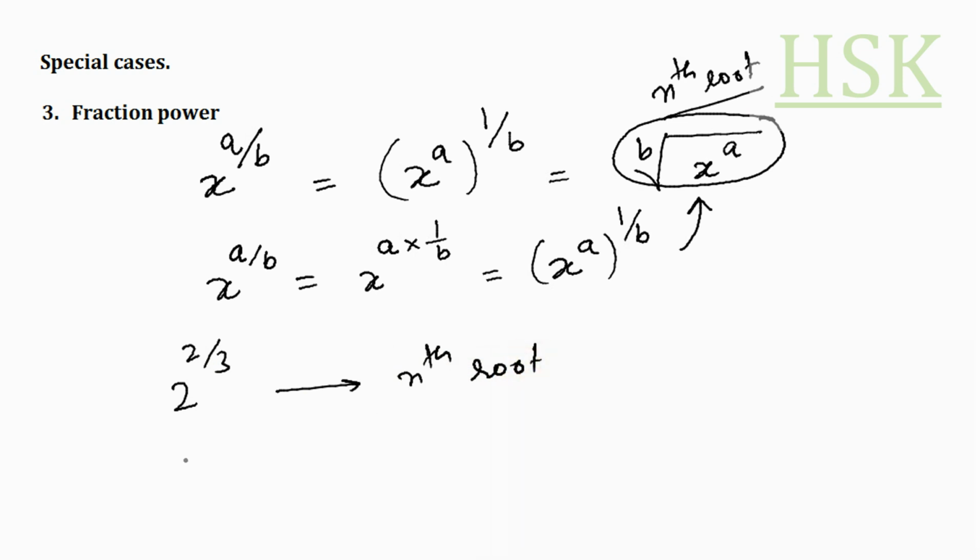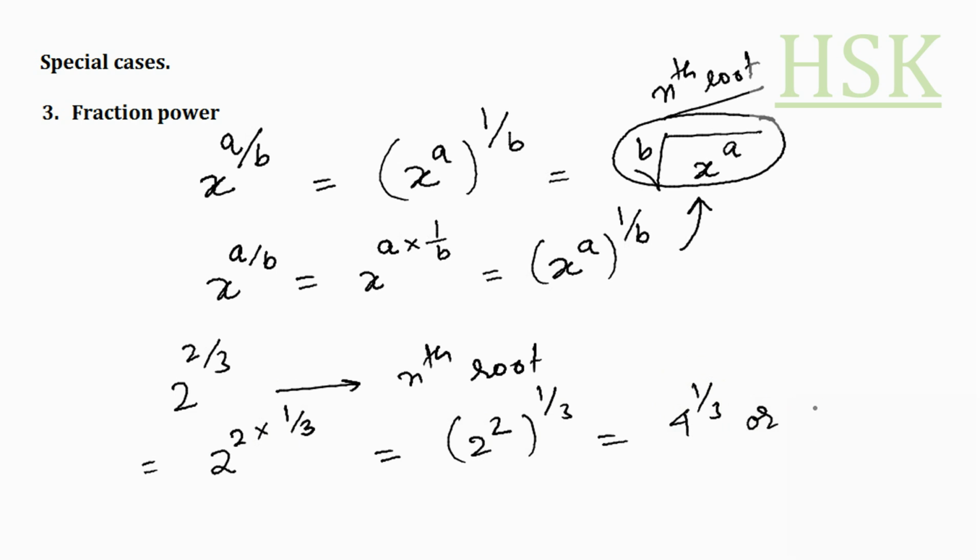So the idea here is that we write 2 to the power of 2 by 3 as 2 to the power of 2 into 1 by 3. So this can be written as 2 square whole to the power of 1 by 3, or 4 to the power of 1 by 3, or third root of 4.